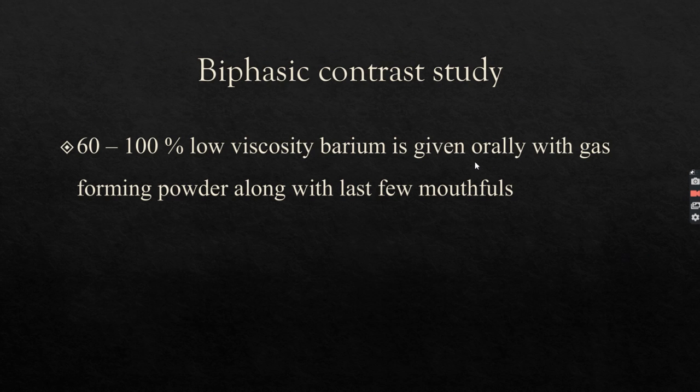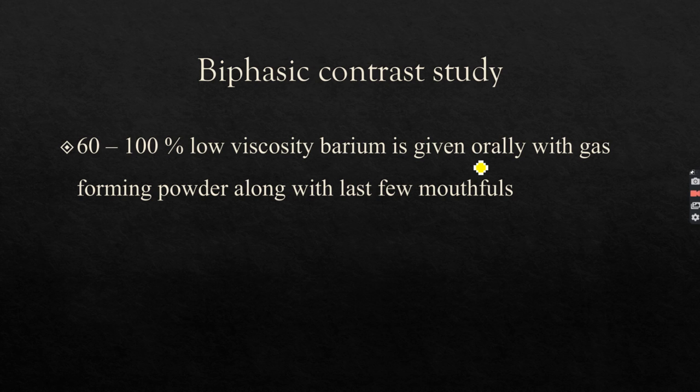There is another term that is known as biphasic contrast study. In this biphasic contrast study, 60 to 100% low viscosity barium is given orally with effervescent along with the last few mouthfuls of barium. The substances which produce CO2, known as effervescent, we have already covered in the first video.